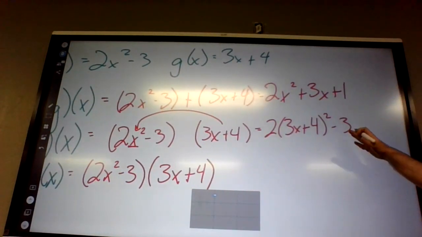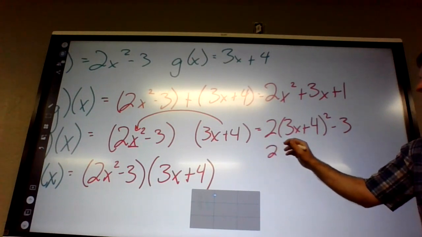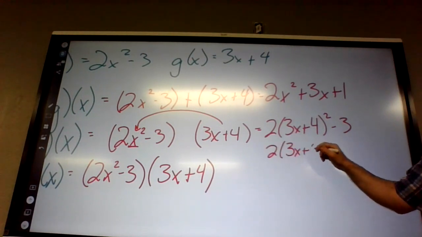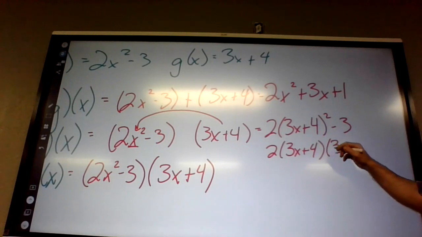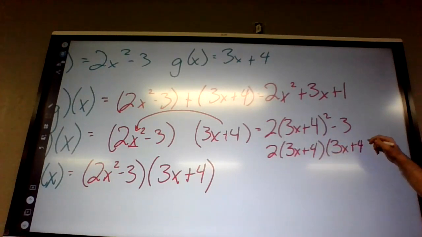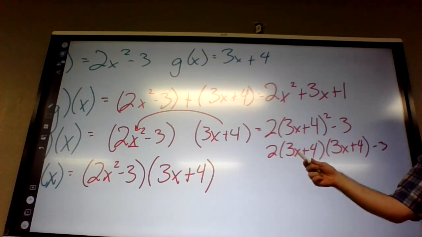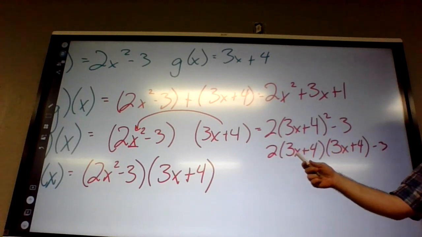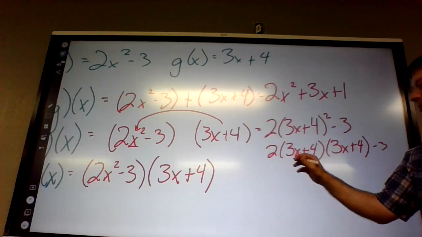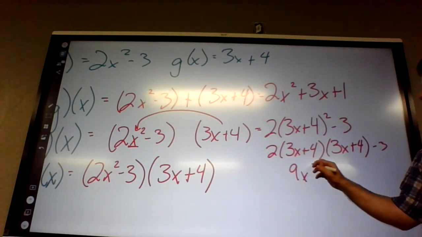Okay, how can we simplify this? Okay, no, you have to do 3x plus 4 times 3x plus 4 first, and then times 2. This is a FOIL problem as well. I am going to do that really quickly in my head.